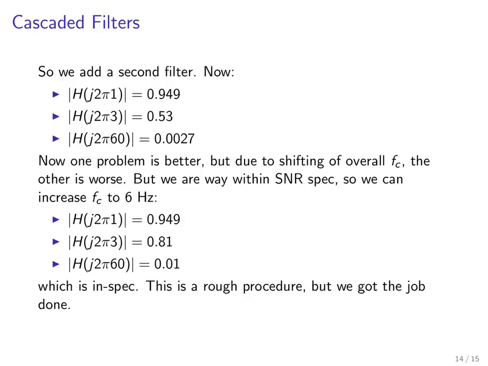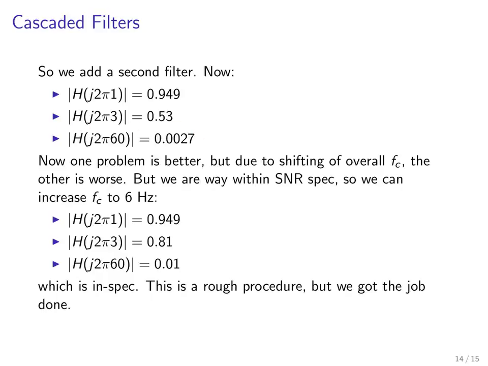So what we're going to do is cascade in a second filter, right? Now let's say that the transfer function amplitude at 1 Hertz is 0.949 and at 3 Hertz is 0.53. Now the 60 Hertz signal is hugely suppressed, so that's great.